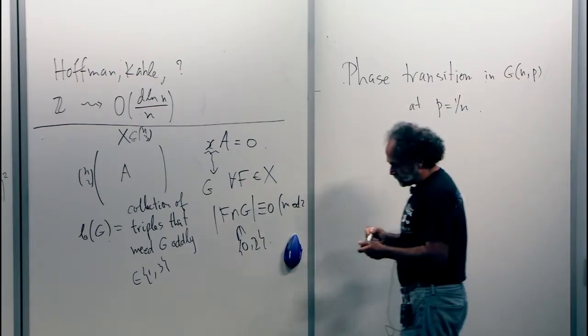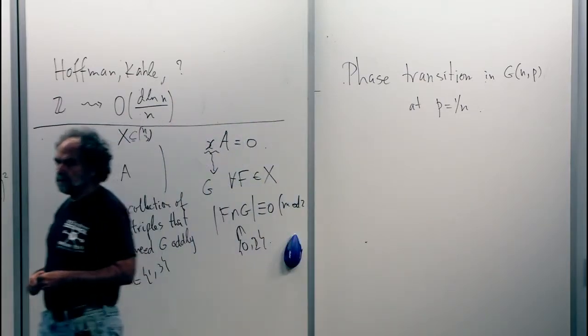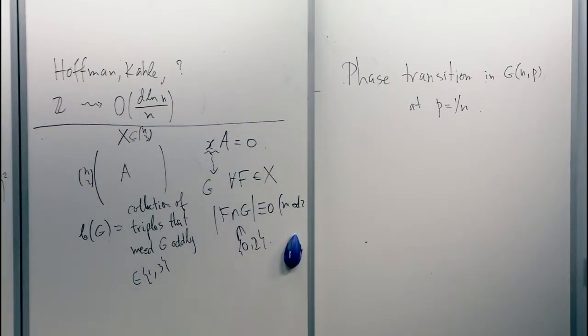Okay. So again, it's easier to look at these things within the evolution of random graphs. You have n vertices and you start throwing edges at random and ask yourself, what is the structure of connected components? What do the connected components look like?